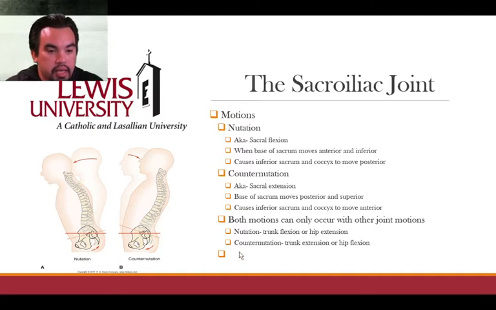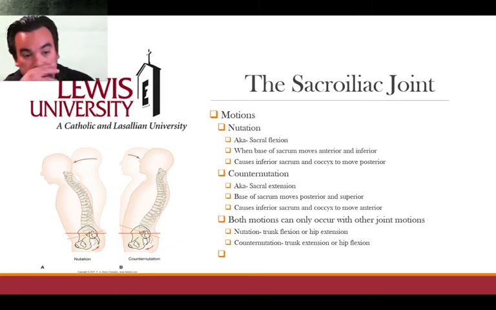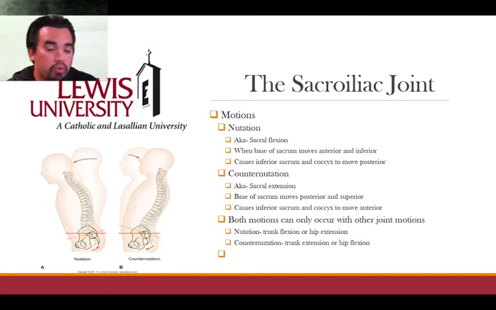You can kind of see that, like if you stand up and you do hip flexion, so you lift your right leg up, you'll notice that as you lift your right leg up, your butt kind of drops forward, and you shift your weight posterior so you don't fall over. And then you can see with trunk flexion, you get nutation of the sacrum, where that inferior portion of your coccyx and sacrum move posterior with that.